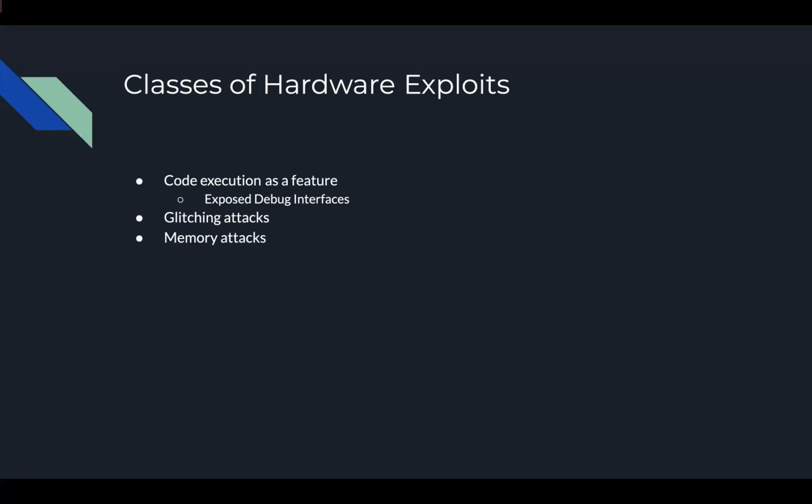A lot of the more basic ones are actually what I would like to call just code execution as a feature. So imagine that you had a software program that just takes shell code or system commands and lets you do whatever you want. Now, technically in hardware, there's actually a lot of stuff, especially in IoT and embedded systems, that basically already has this.